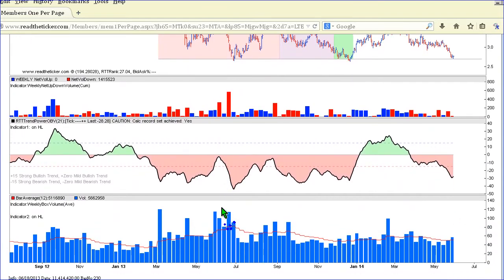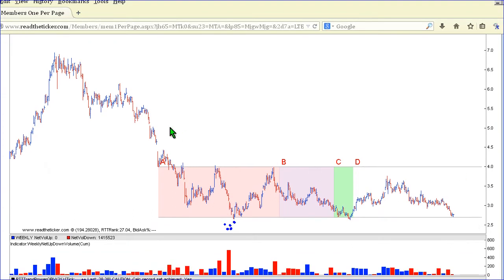Scroll down, you can see the elevated volume. Now we have our automatic move here. Oh, I think the last point of supply was there, and a little bit of a test there. So as you can see, we've drawn our trading range from the low of the selling climax to the high of the automatic move, and that can be definitely confirmed as Phase A.